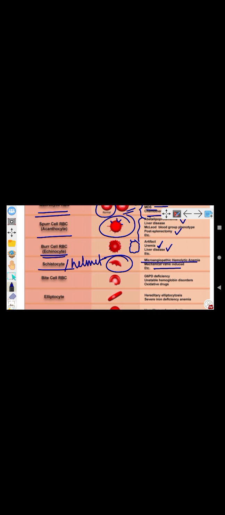It is seen in thalassemia, iron deficiency anemia, and megaloblastic anemia as well, but most important in MAHA, microangiopathic hemolytic anemia, or mechanical valve induced as well, right. And this is your bite cell. You see, it looks like somebody has bitten it, right. This is seen in G6PD deficiency, and remember this one only, G6PD deficiency. Other conditions are given, but this is the most important, G6PD deficiency, right.